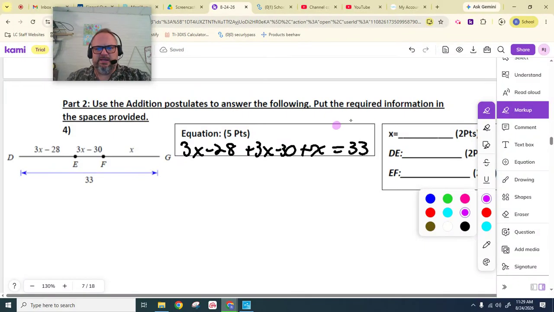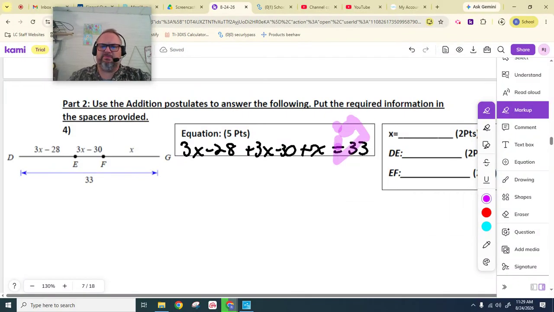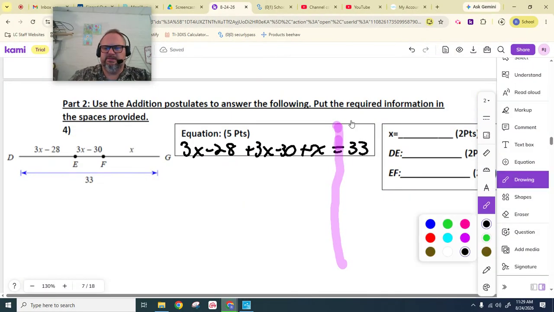Something I might have on my orange sheet is that on part 2, you're going to add those things together, because it even says so in the directions. So we got 3x, 3x, and 1x. Looks like 7x. Negative 28, negative 30. Looks like negative 58.